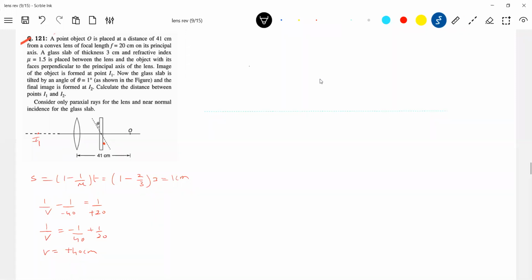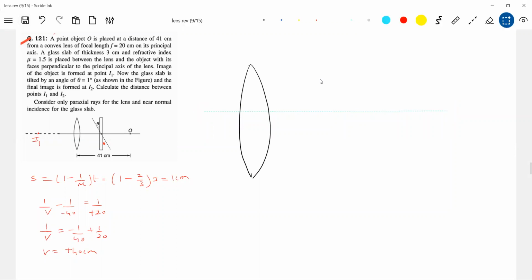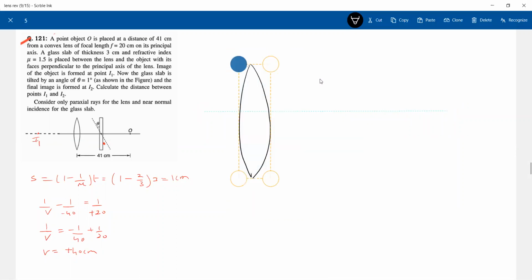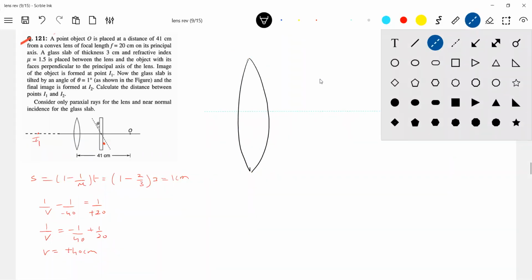We are going to take theta, look at 1 degree. Very small, no? The angular displacement we give for the slab is in fact very small. Slab, tilted slab.